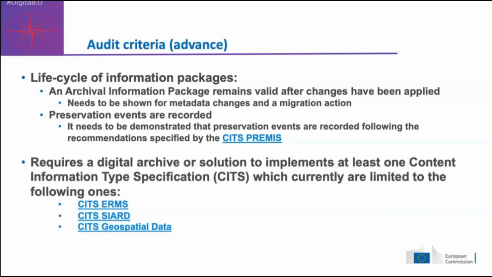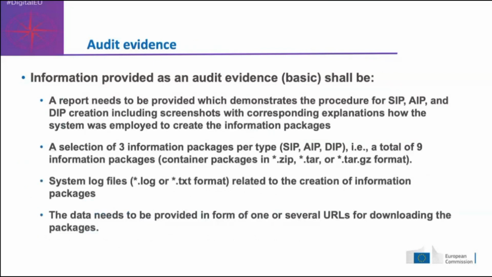So that's basically what I just explained. We need audit evidence. A report needs to be provided to us, which demonstrates the procedure for SIP, AIP, and DIP creation, including screenshots with corresponding explanations of how the system was employed to create the information packages. We need a really small sample for the auditors, a selection of 3 information packages per type, SIP, AIP, and DIP.